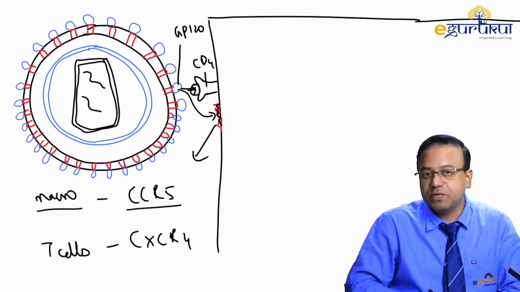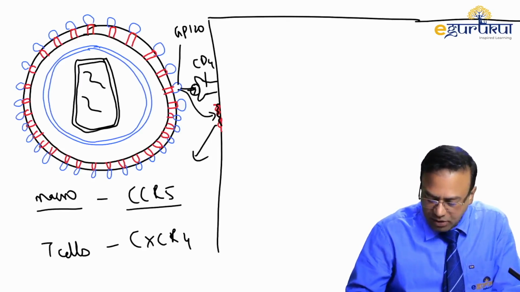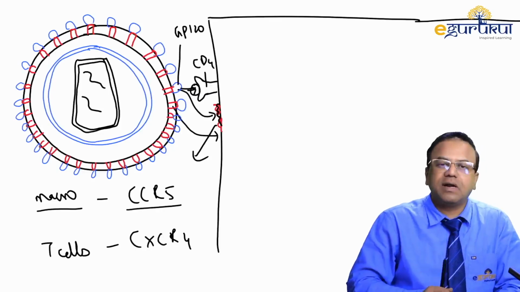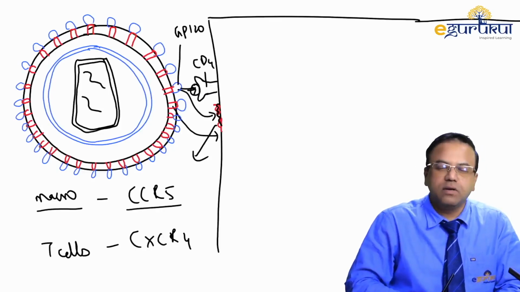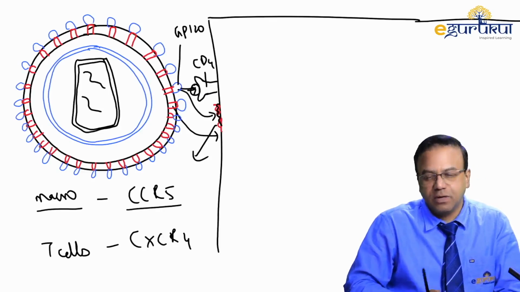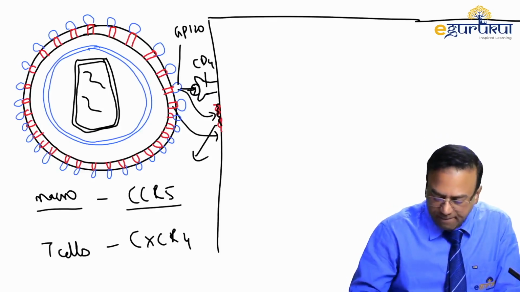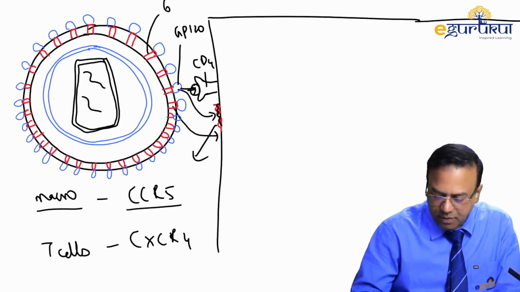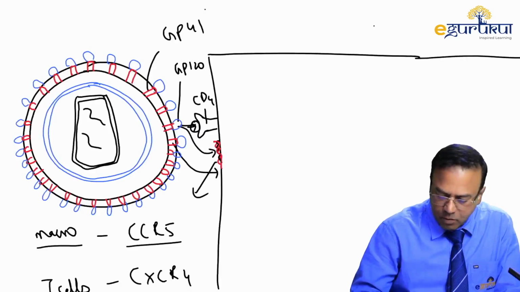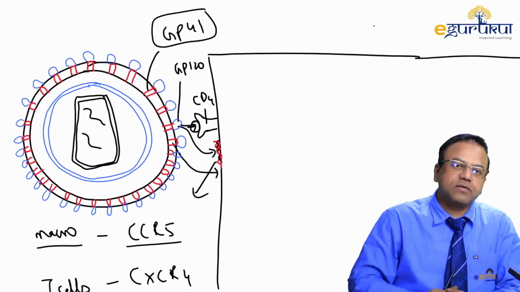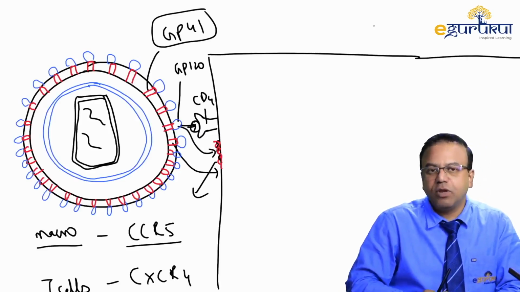This brings about a change in the conformation of the protein, and that allows the GP41 to attach and create a fusion so that entry of the virus is possible. It is the GP41, which is a transmembrane peptide, that is really required for the virus to enter inside and create a fusion molecule.